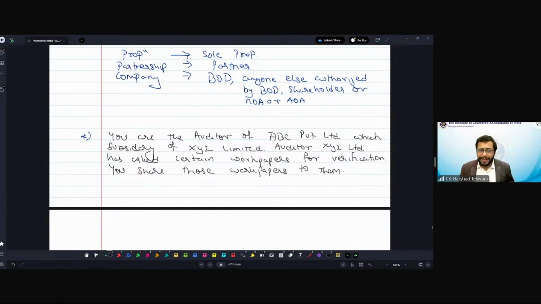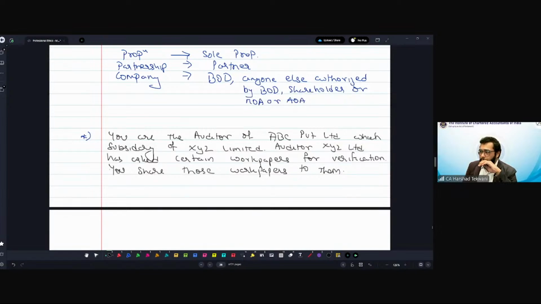Now, auditor of XYZ Limited has asked you to share certain work papers for verification or for some additional detail, and you shared those work papers. Sir, after obtaining the client consent, we can share the working papers. Anyone else?